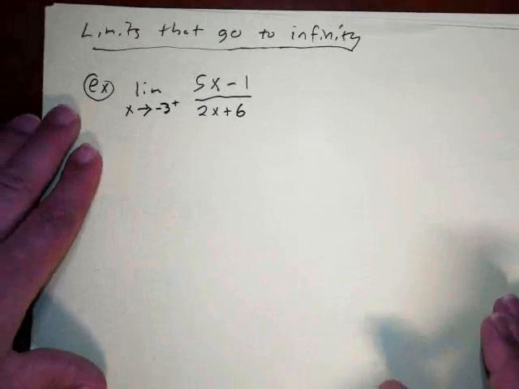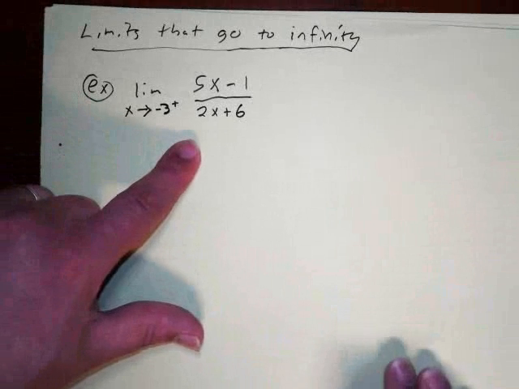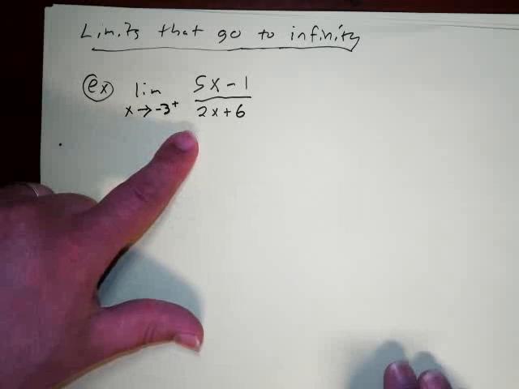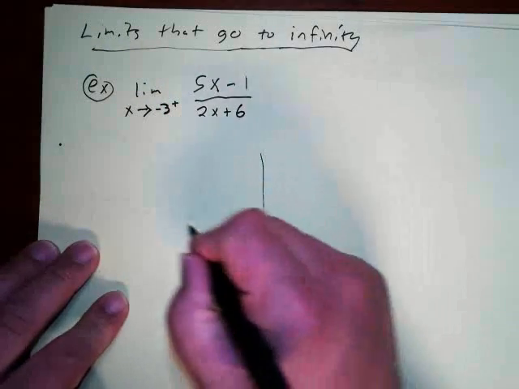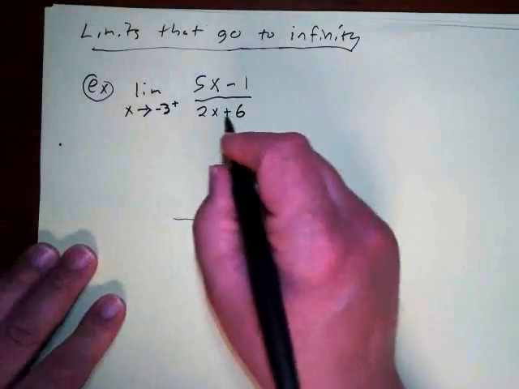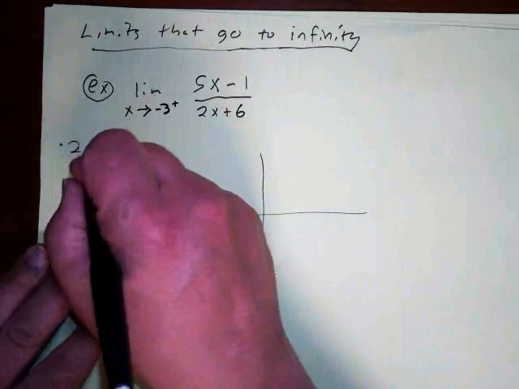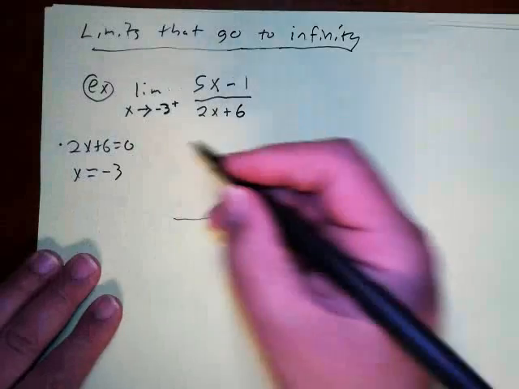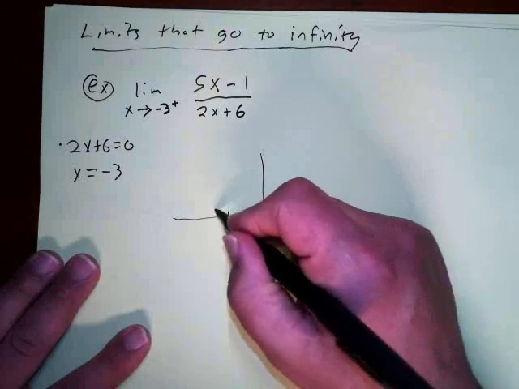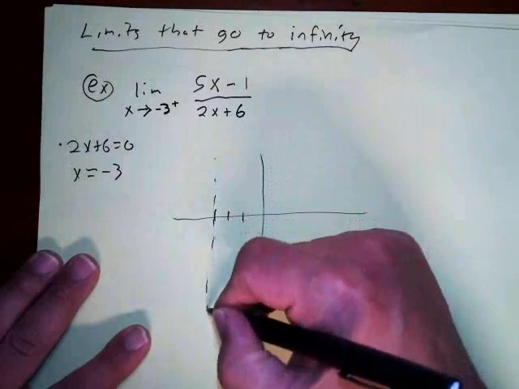Okay, so if we're going to start with this one here, if you remember, this was the original rational function, and we had a vertical asymptote when 2x plus 6 is equal to 0. That's when x is equal to -3. And this was a vertical asymptote.